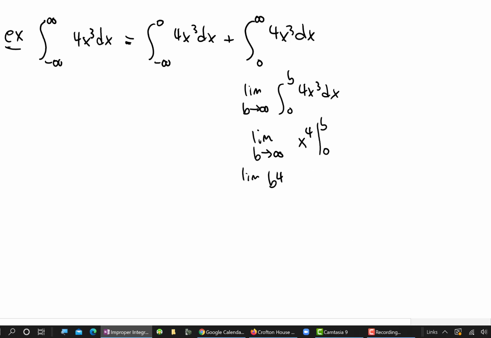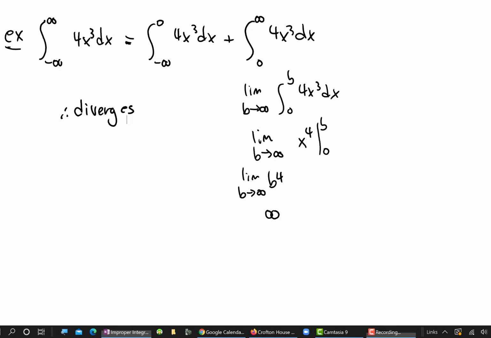You'll see that this side is infinite, and what happens with an improper integral when you split it like this is that if either piece is divergent, which the second piece is, then the entire integral is divergent. So we say therefore this diverges.